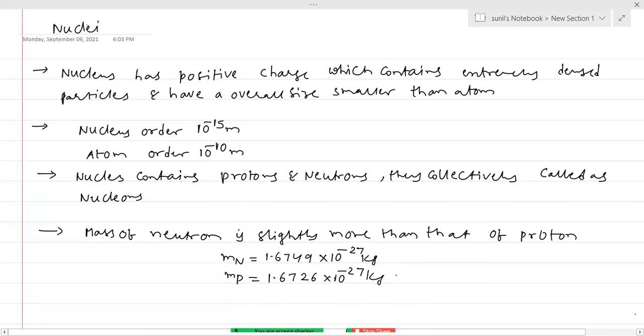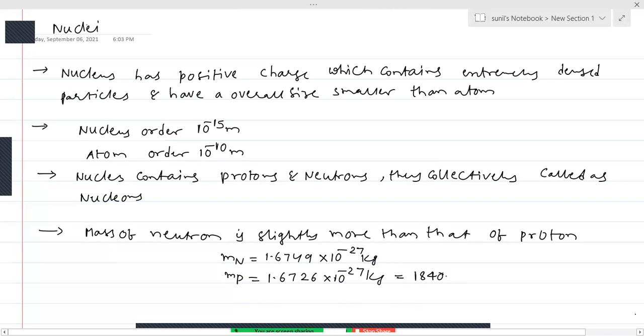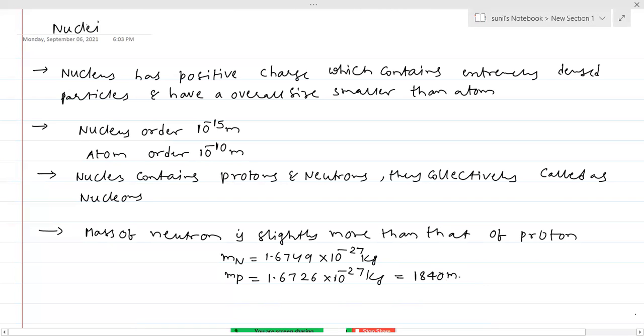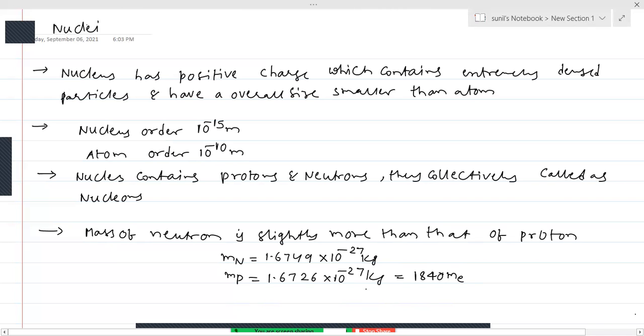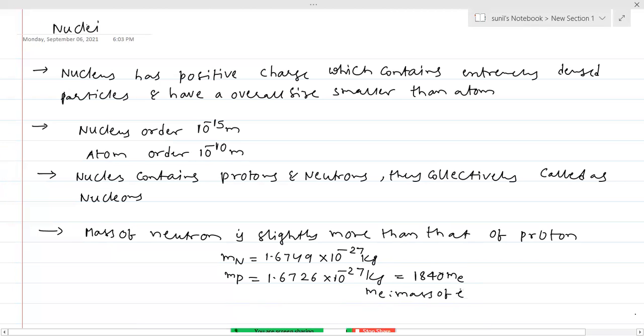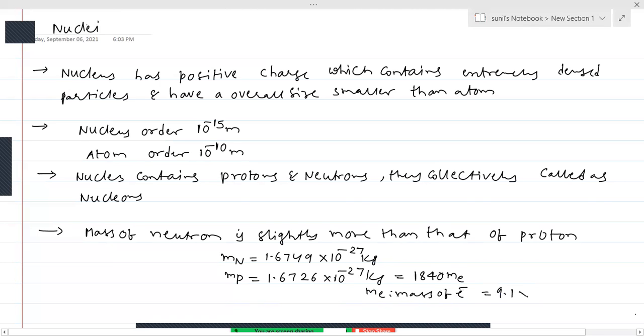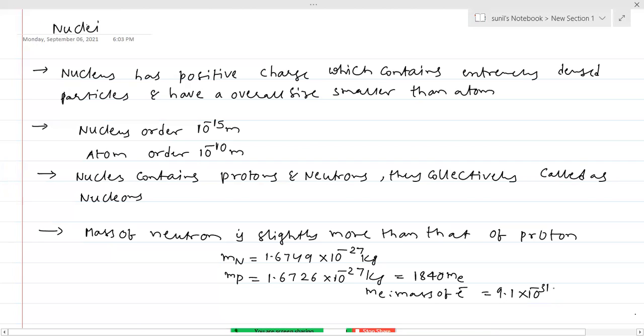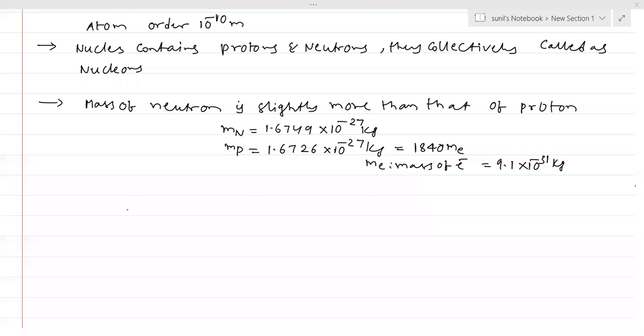The mass of the proton is also exactly 1836, or nearly 1840, times the mass of the electron, where me is the mass of the electron, whose value is 9.1 into 10 power minus 31 kilograms.